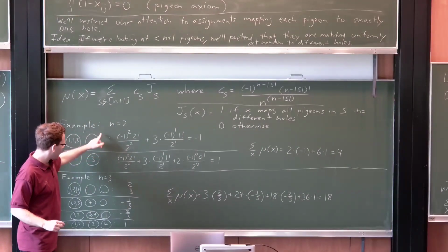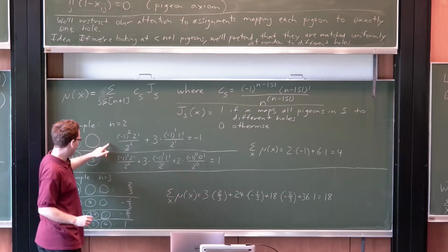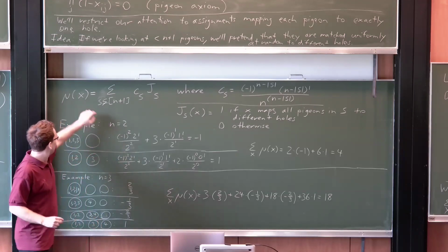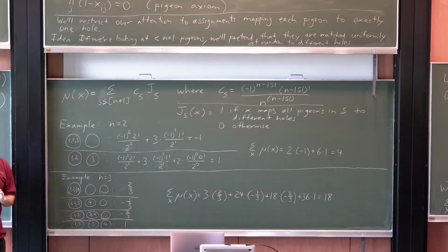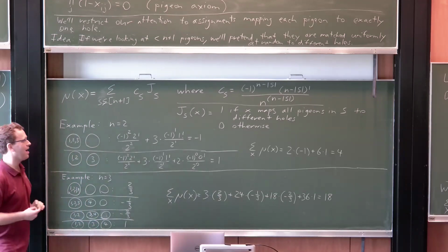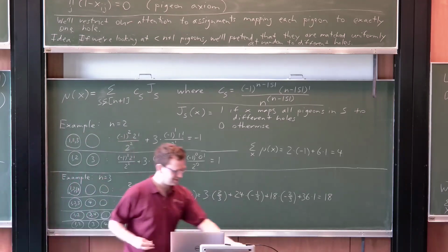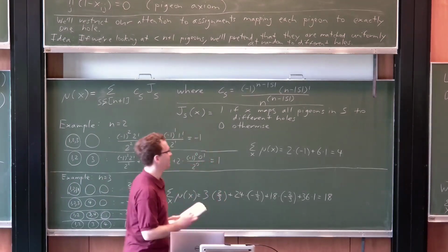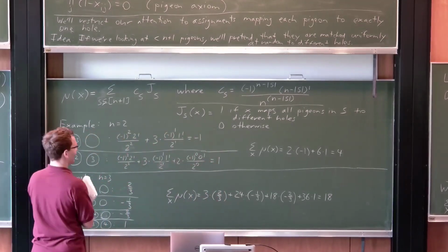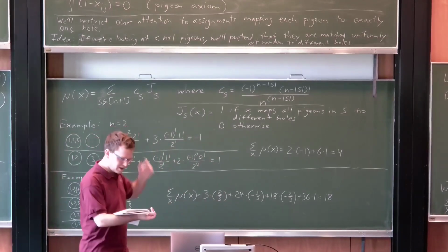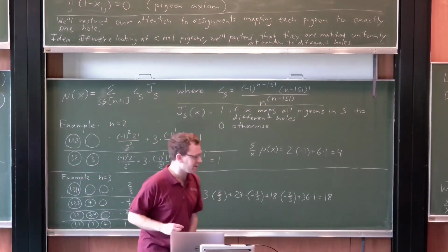Are there any questions you'd like to ask about this measure? It's obviously some fraction of maps, but the sign is kind of, yeah. So I'll describe the key property.